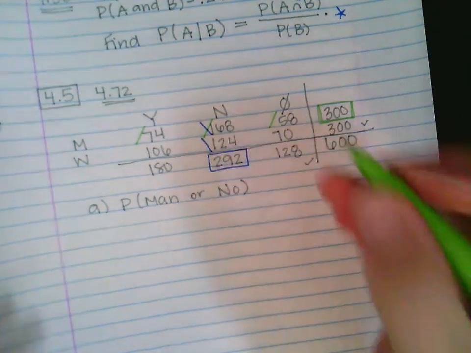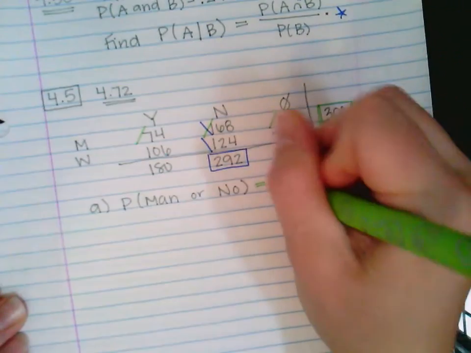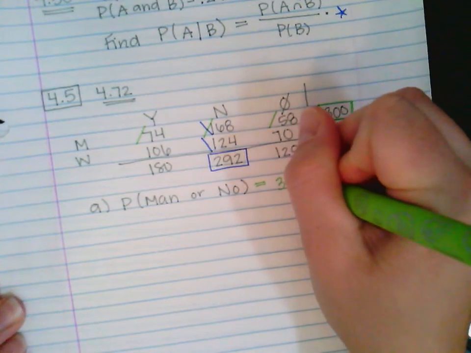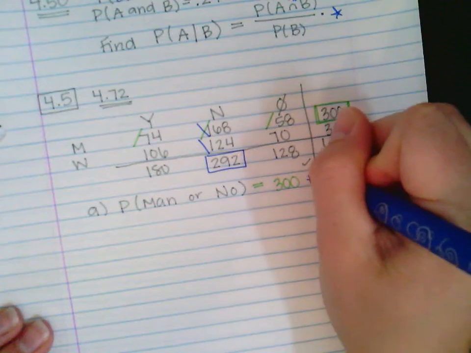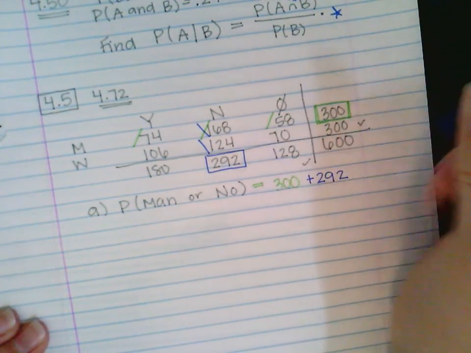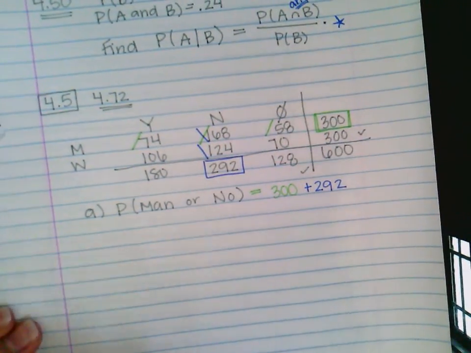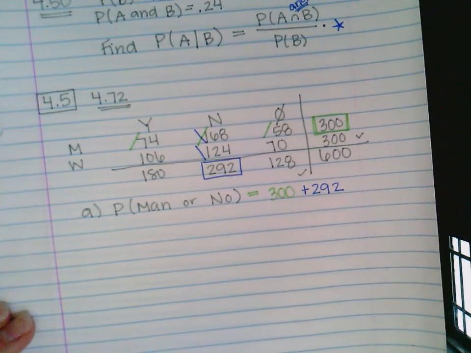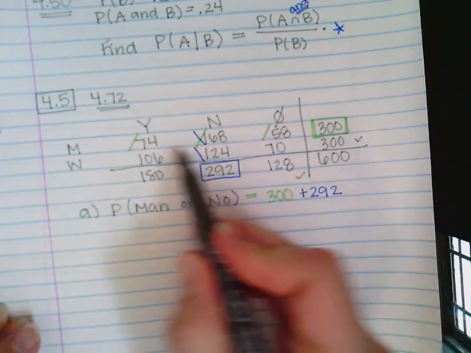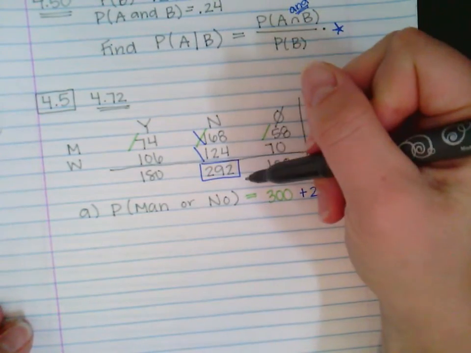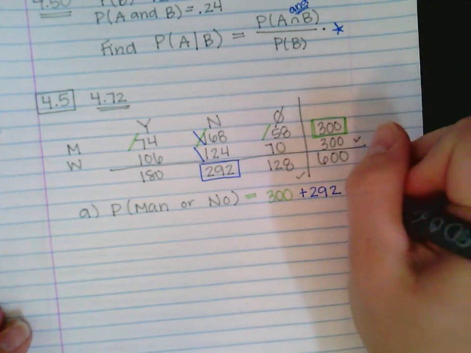So if I add up this man or no, and I do 300 plus 292, the problem is I added 168 twice when I did that. I added it once here and I added it once here, and so I need to subtract out one of those.